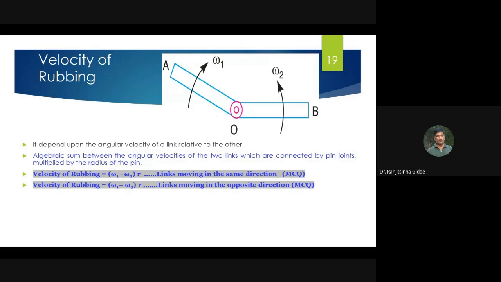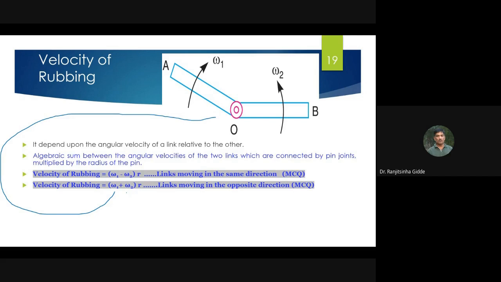Now, for the configuration shown on the slide, how to get the rubbing velocity or the velocity of rubbing? Omega 1 plus omega 2 into radius, right?